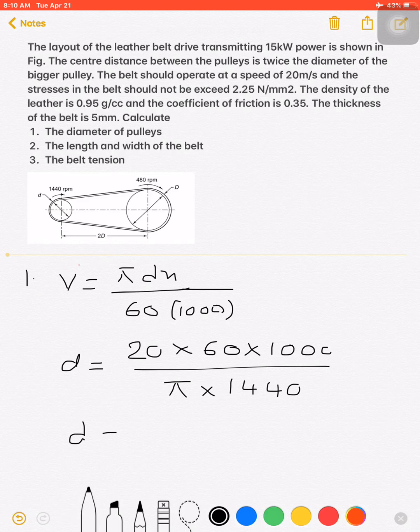If you simplify, the diameter is 265.26, that means nearly 270 mm.